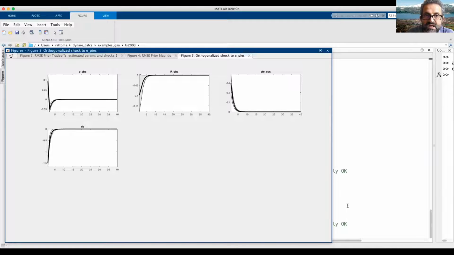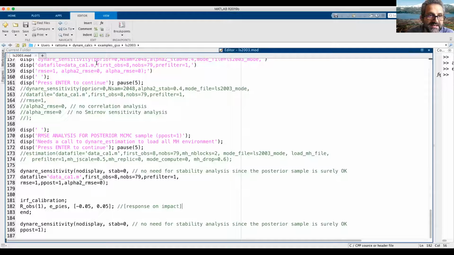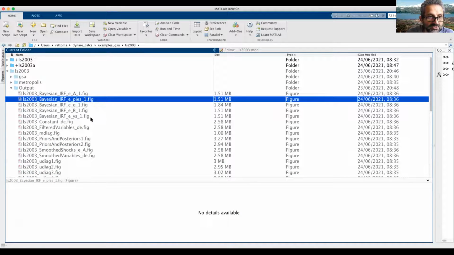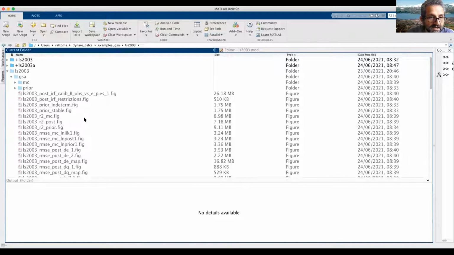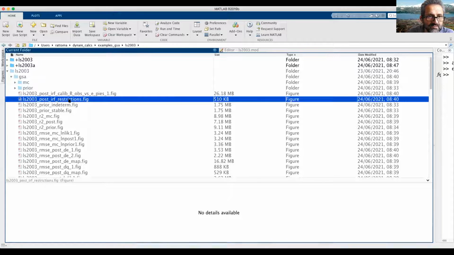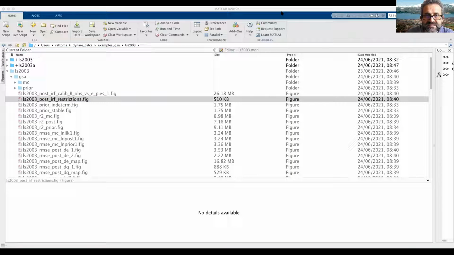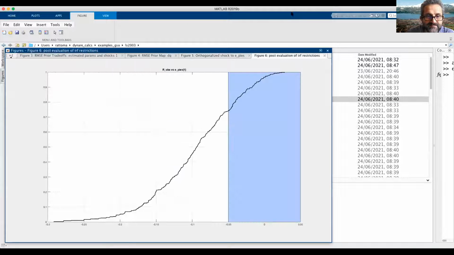Okay. So then we go again to the folder, and we open it. You see there are IRF restrictions and IRF calibration. There are two types of plots that I also showed during the presentation. One is just a visual representation of your restriction.